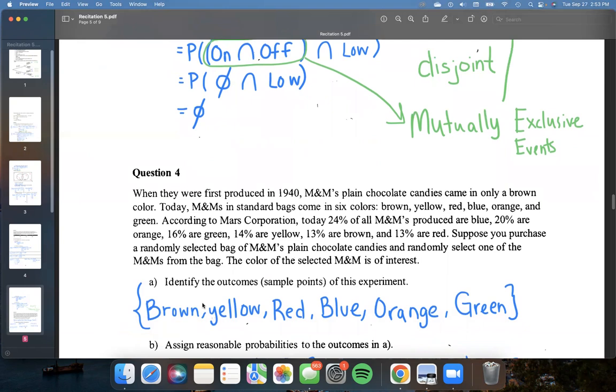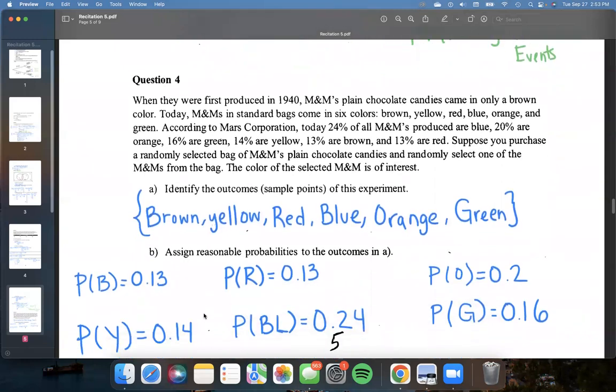So next we're going to assign probabilities to the outcomes in A. Here we're given all of our probabilities. The probability of brown we were given as 13%. The probability of red is 13%. The probability of orange, which is O, is 20%.